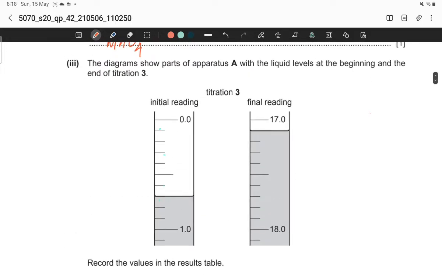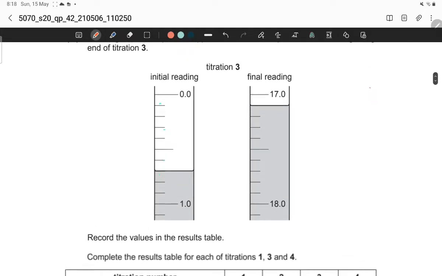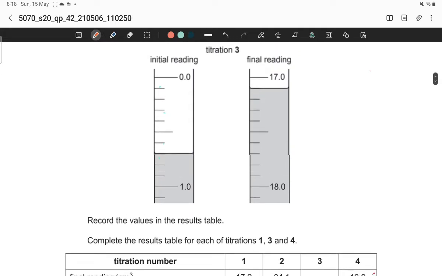Now the diagram shows parts of apparatus A with the liquid levels at the beginning and the end of titration 3. This is the initial reading and this is the final reading. Only one reading is given and you have to complete the third column.